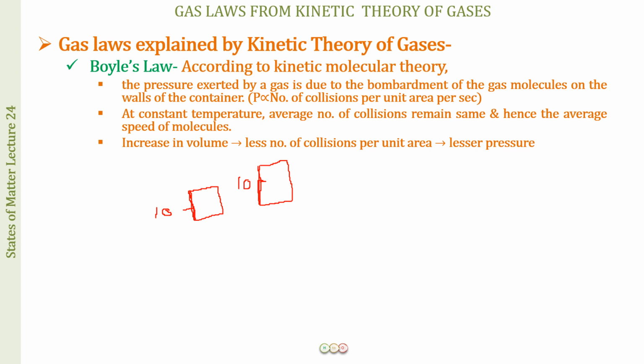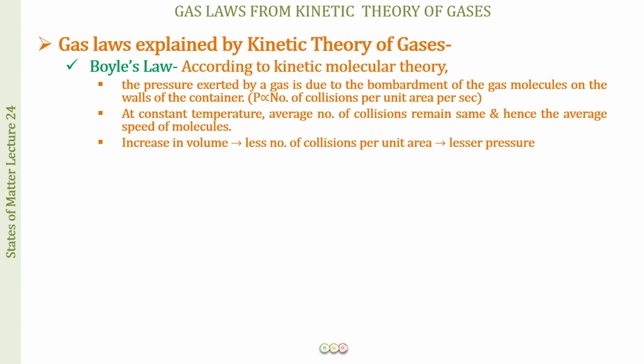When the area is larger, there are going to be fewer collisions per unit area, and when there are fewer collisions per unit area, a lower pressure is going to be exerted. So what this means is that because of the increase in volume, the pressure has decreased.